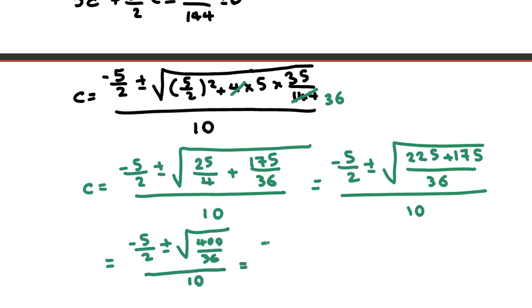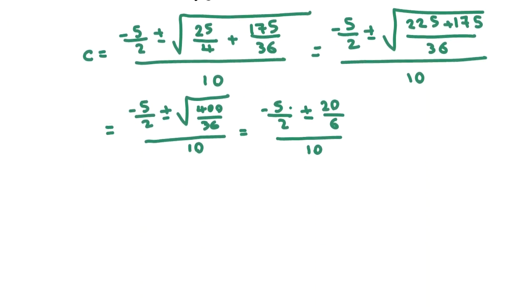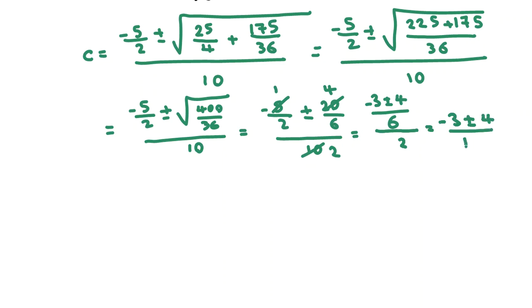The square root of 400 is 20, the square root of 36 is 6, all over 10. If we divide by 5, it will be 2, and 4. Using common denominator 6, it will be negative 3 plus or minus 4, all over 2, so negative 3 plus or minus 4 over 12.